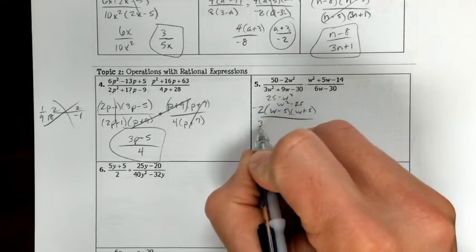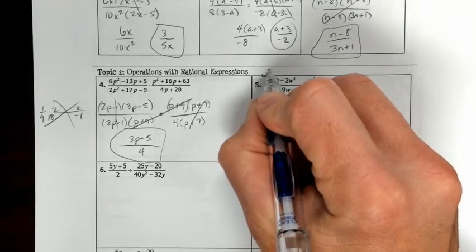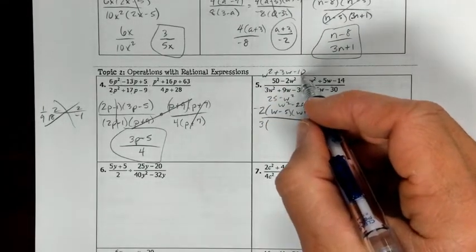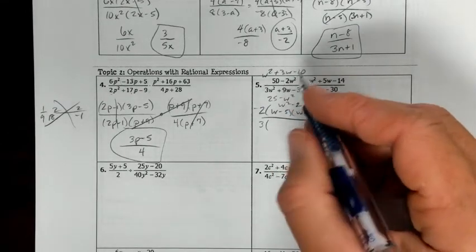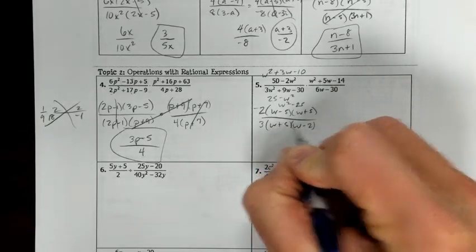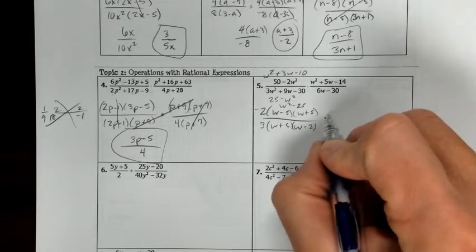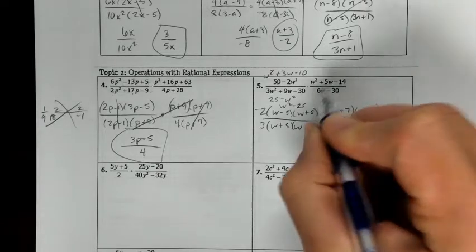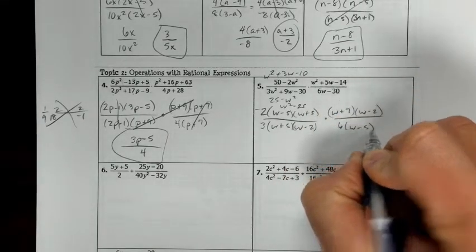So 3 is going to be w squared plus 3w minus 10. So factors of negative 10 that combine to give me 3, so positive 5, negative 2. So w plus 5, w minus 2, times factors of 14 that combine to give me 5, that would be w plus 7, w minus 2. And then factor GCF here, that would be 6, we got w minus 5.